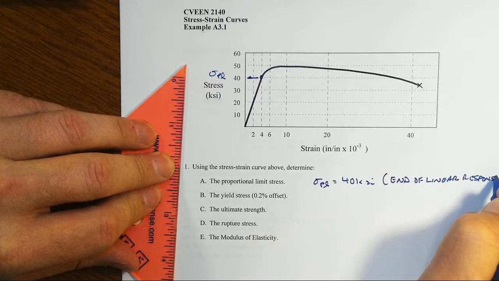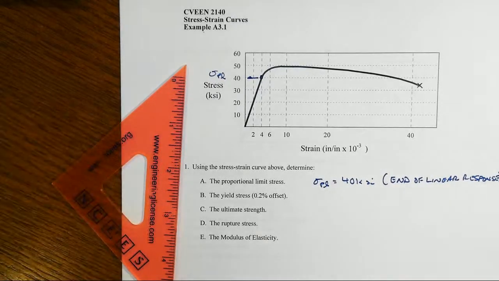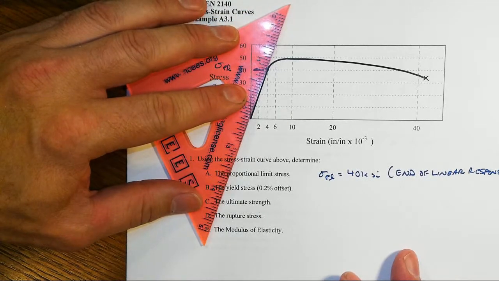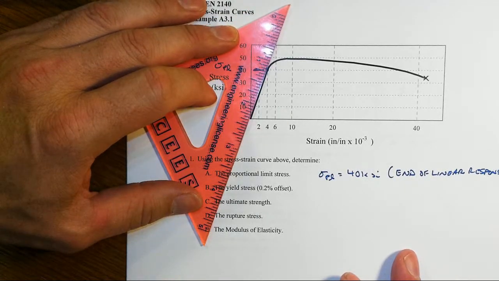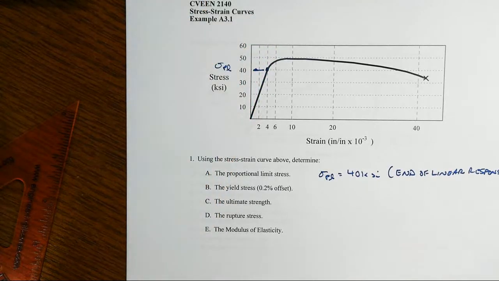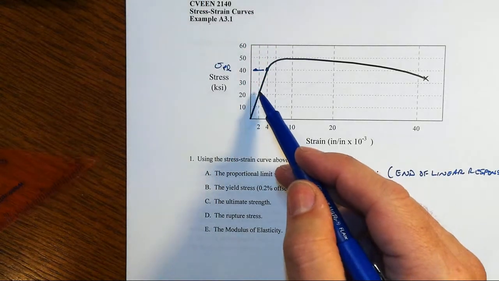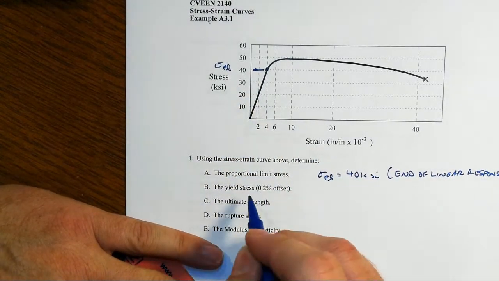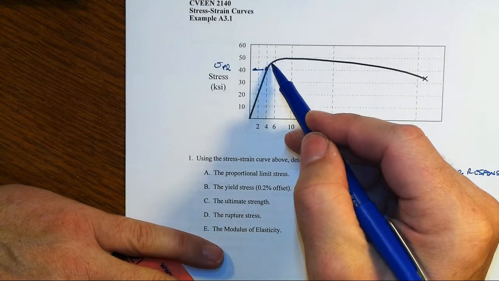And you might have come up with 41, 42. I could see someone arguing back and forth roughly there. Often what I do is put my straight edge up there, and that's where I can begin to see that line beginning to curve away. Maybe if you plot the line with a slightly thinner width, it's a little easier to see when it bends over. But notice this is a very smooth transition.